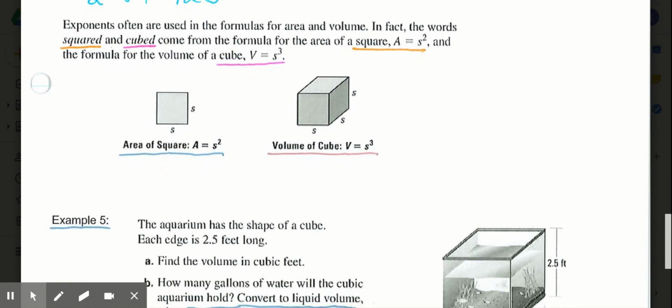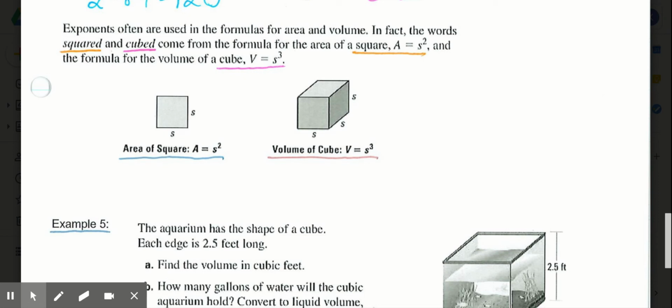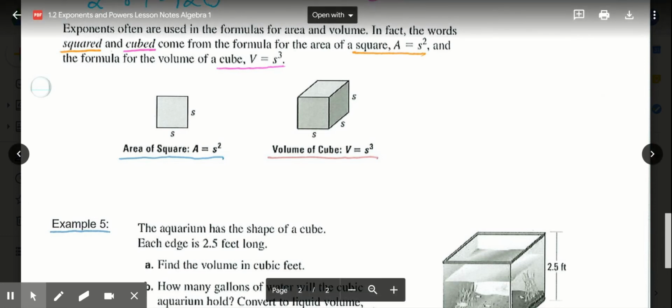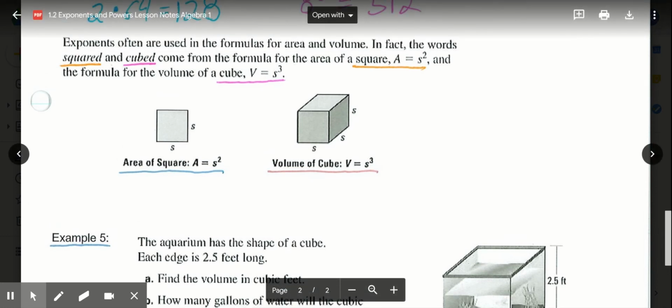Now our next piece is just helping you understand where those terms squared and cubed come from. So exponents, and you'll see this when you get to geometry, exponents are often used in the formulas for area and volume. In fact, the words squared and cubed come from the formula for the area of a square and the volume of a cube.